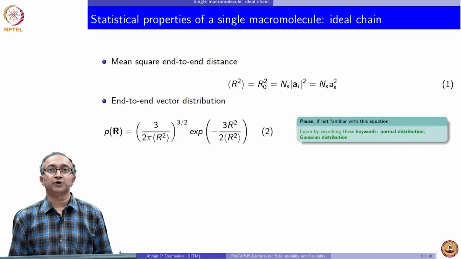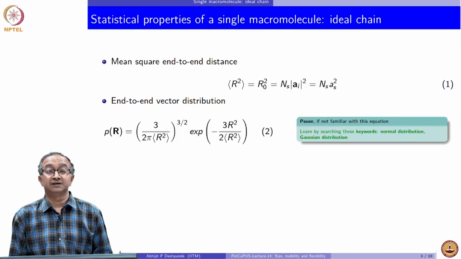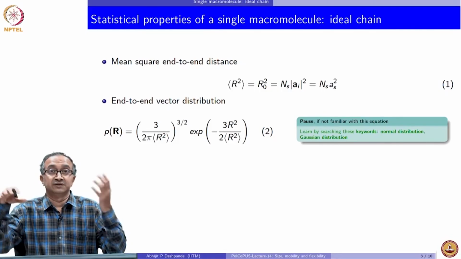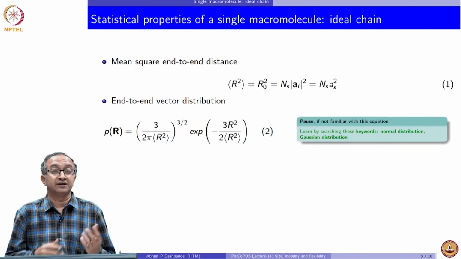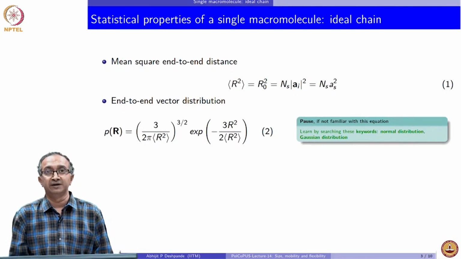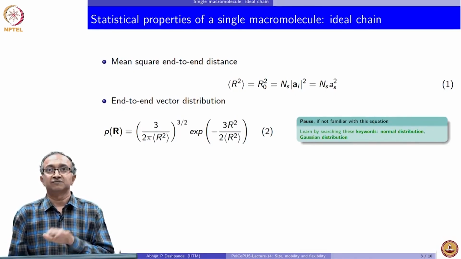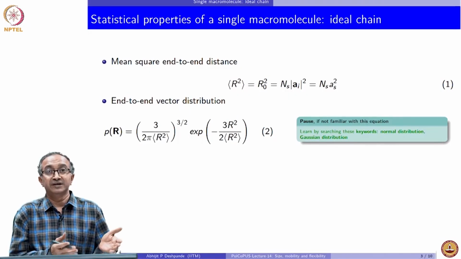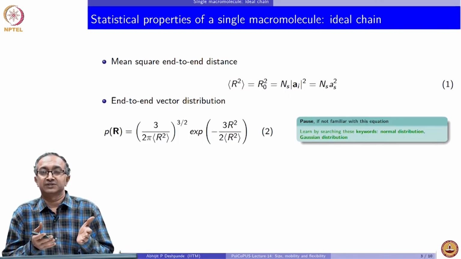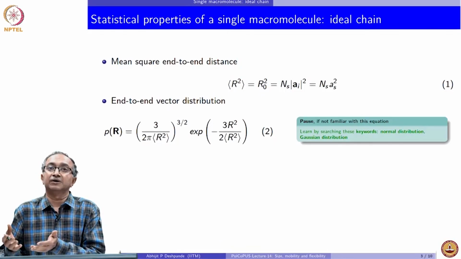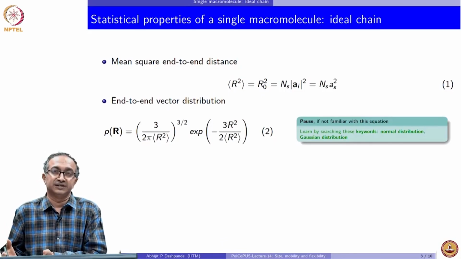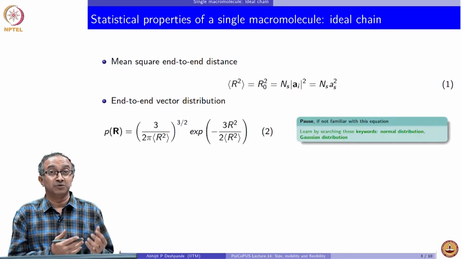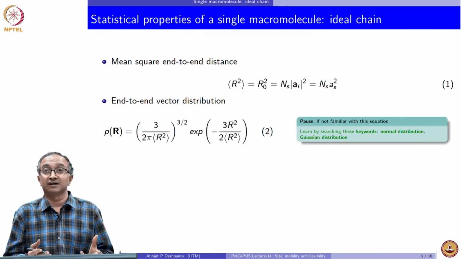So statistical properties, as we discussed in the last lecture, are important because this polymer is a random chain object and conformational changes keep on happening. Mind you, these conformational changes are only possible in rubbery state, molten state, or when there is in the solution state. If it's a amorphous frozen state or crystalline state, then these are not as relevant.